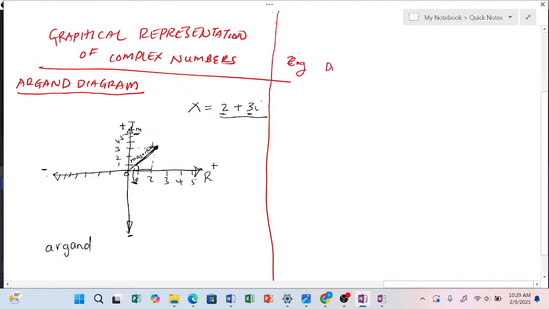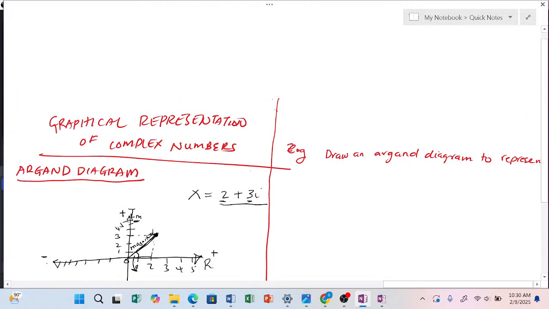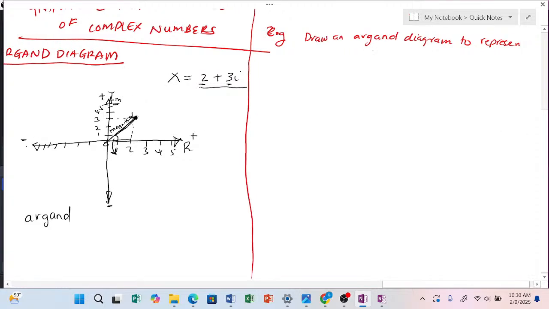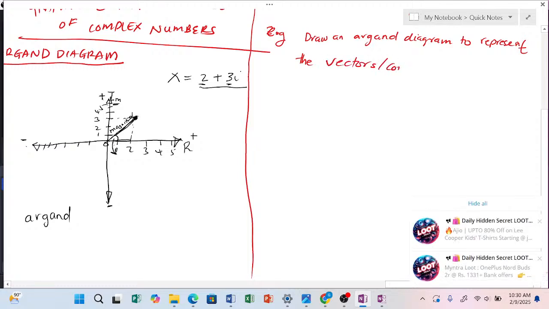Draw an Argand diagram to represent the vectors or complex numbers.